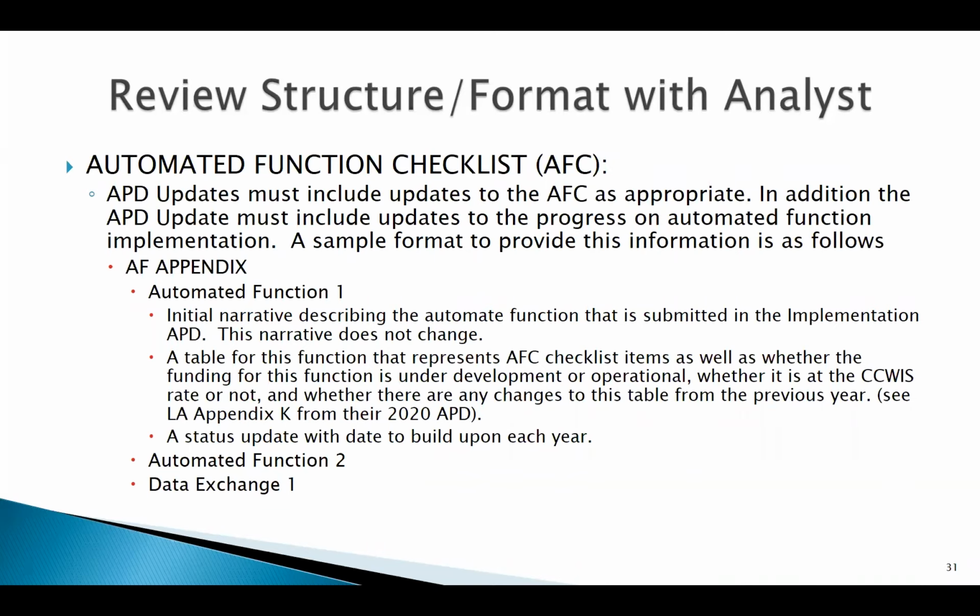And then they included the things that are required, but you can see here where they added some additional things. Is it on the development budget? Is it an operational status on the budget? Is it in a non-CWIS? Kind of, where is it in the budget? And then a status update: what are we doing now with this, and what do we hope to do?